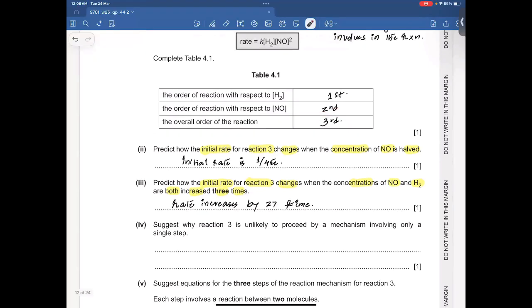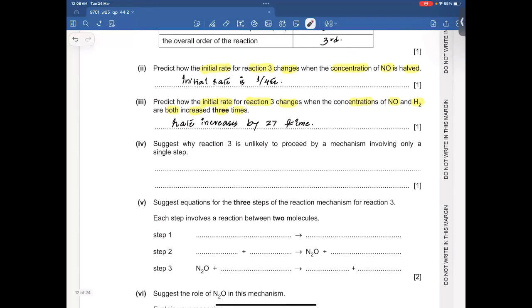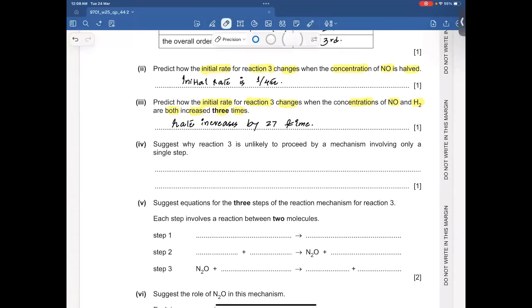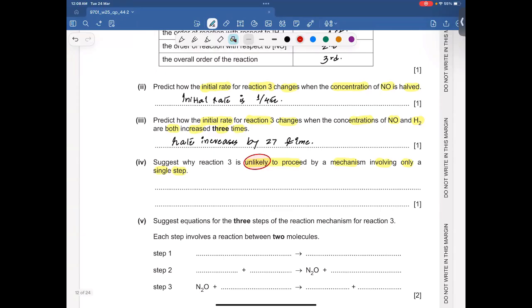Suggest why reaction 3 is unlikely to proceed by a mechanism involving only a single step.